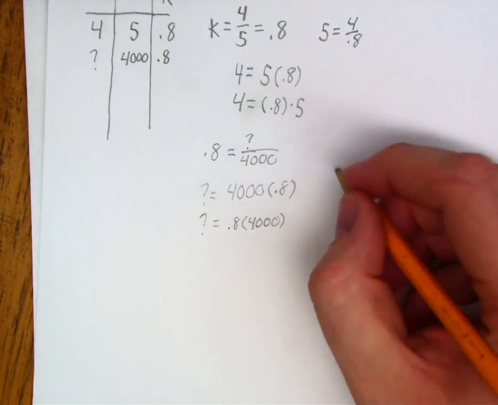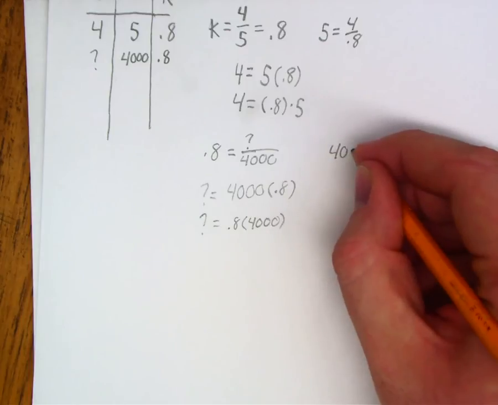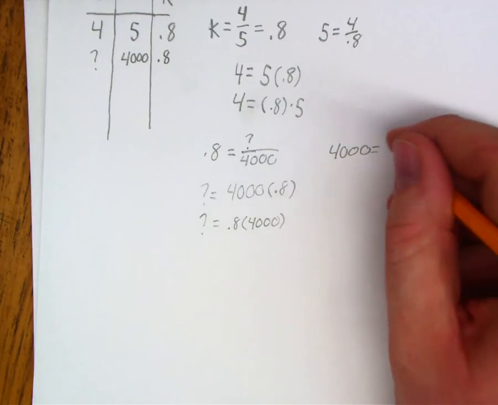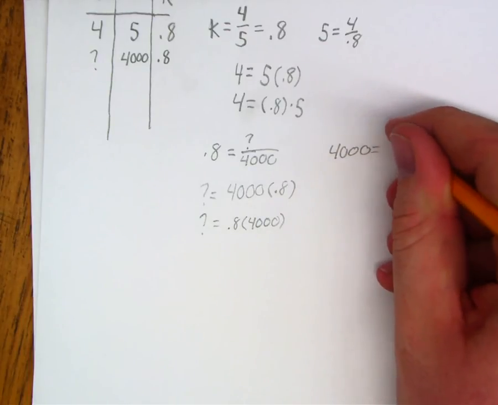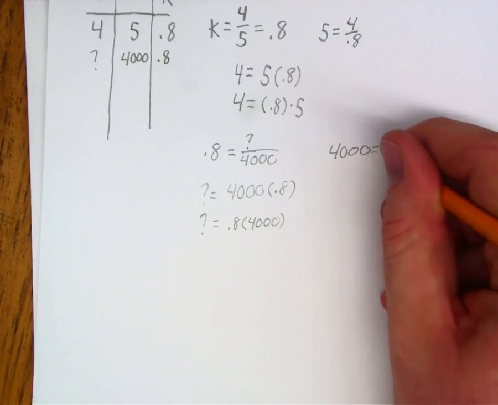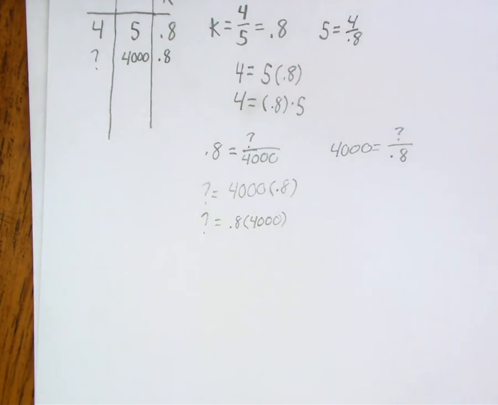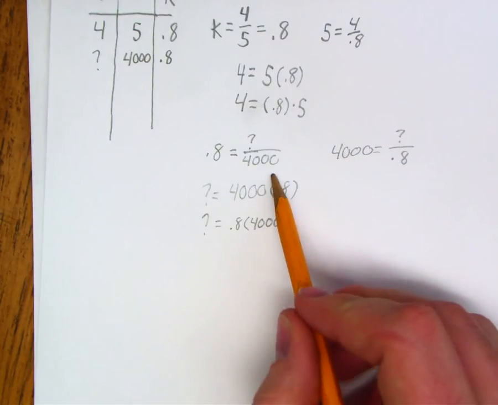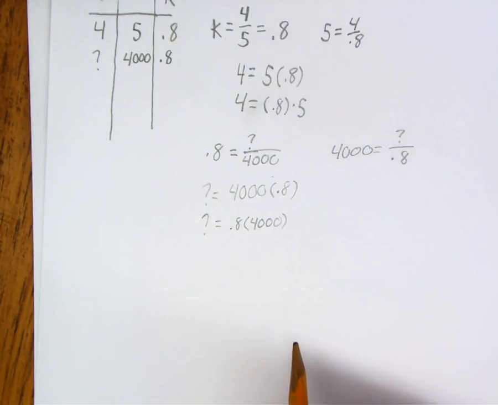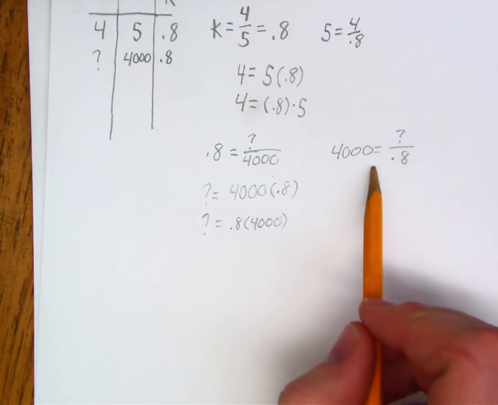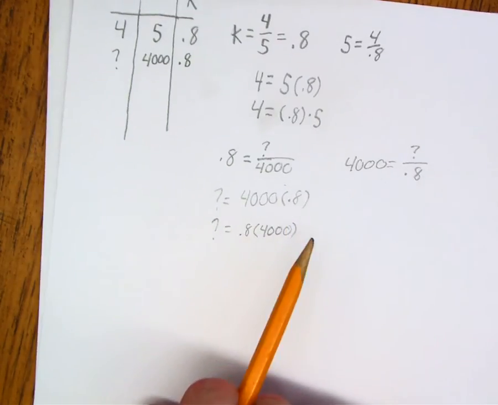And we can also say that 4,000 is equal to our unknown divided by 0.8. Now which one of these is going to help us solve what is our question mark? Well, this still leaves us without much to be able to put in, and so does that one.